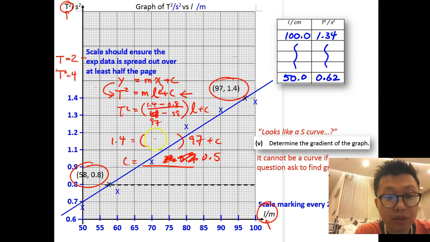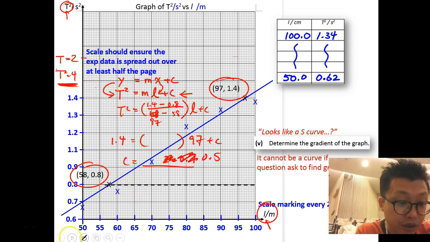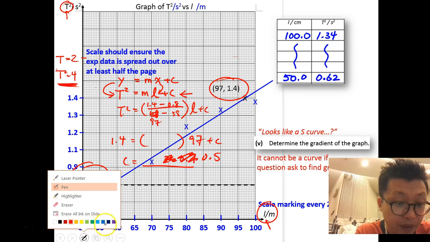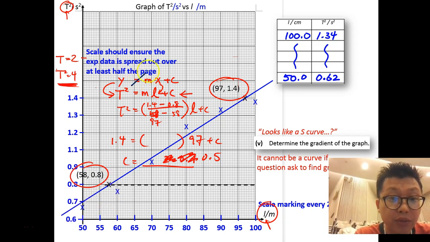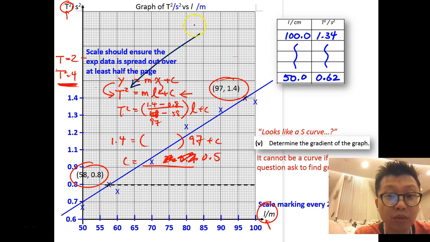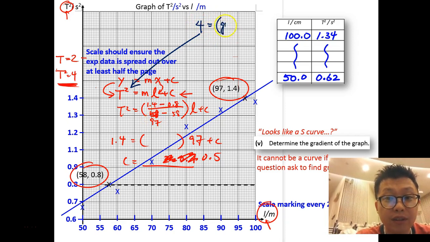Then what you do? You know your gradient, right? And you want to find what is L when T squared is 4. So you substitute. Let me change the color. You can then substitute your T squared to be 4 equals to the gradient. Okay, you go and calculate what is the gradient.